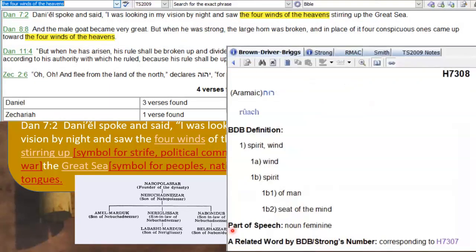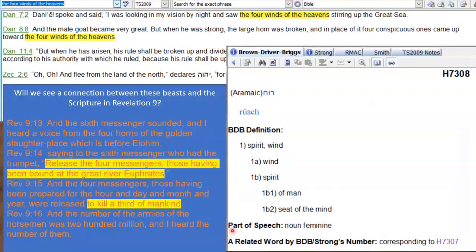And again, the word ruach is the word for wind. The definition: spirit, or wind of man. Now, as we take a look at this, will we see a connection between these beasts and the scripture in Revelation 9?